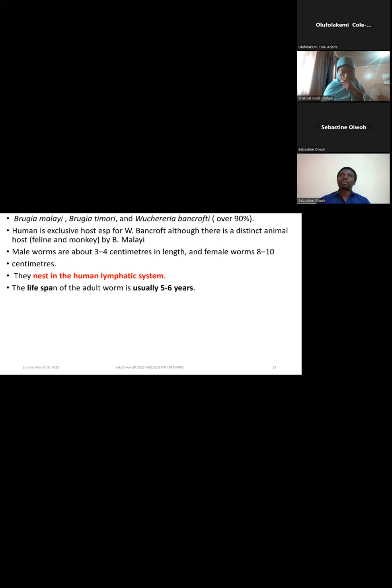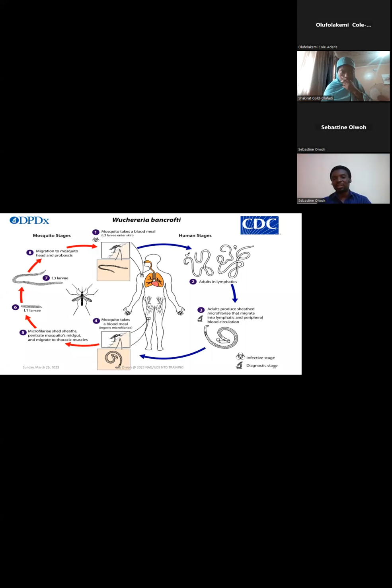So this is important: this affects the lymphatics, while some other infestations tend to travel through the blood, hematogenously. But this moves through the lymphatics. The lifespan can be as long as 5 to 6 years, though some reports have mentioned 10 to 14 years.